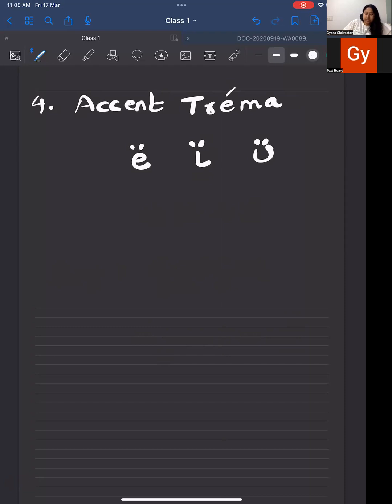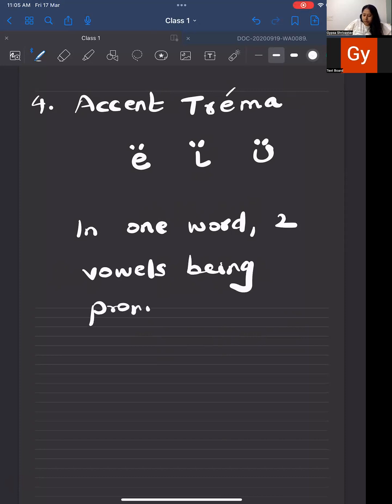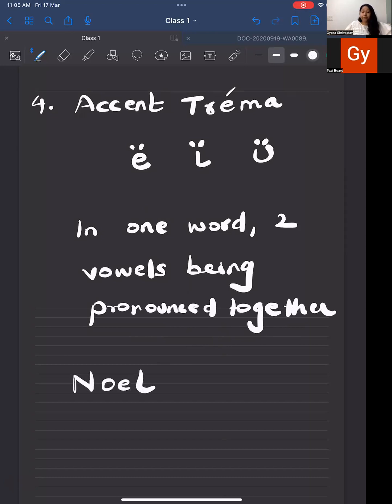Accent tréma usually comes when in one word you have two vowels being pronounced together. For example, the word for Christmas, a lot of you would be knowing this word, it's called Noël. We have two different vowels in this, O and E coming together, and we are pronouncing both the vowels, no-el, Noël.